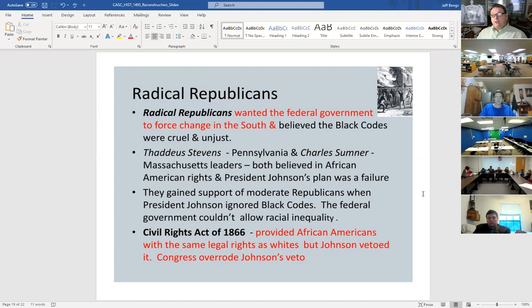And this was a major issue for why they were considered radical. They wanted to take the wealthy landowners of the South, take away their land, take away their plantations, and divide that land up and give plots of land to the freed slaves.